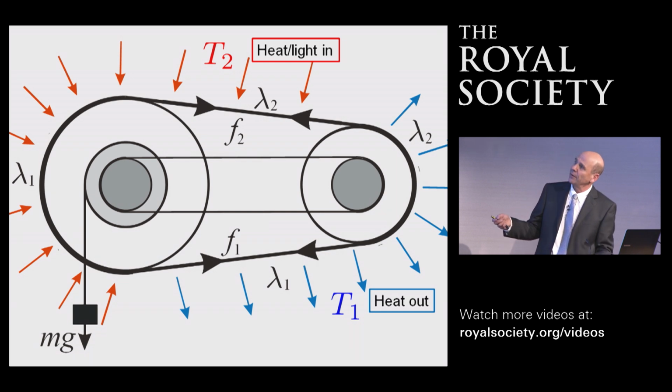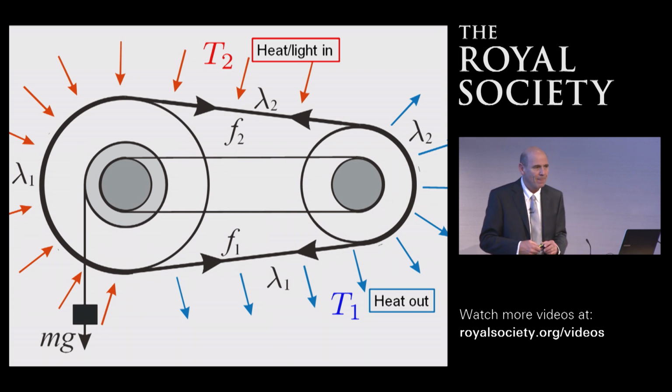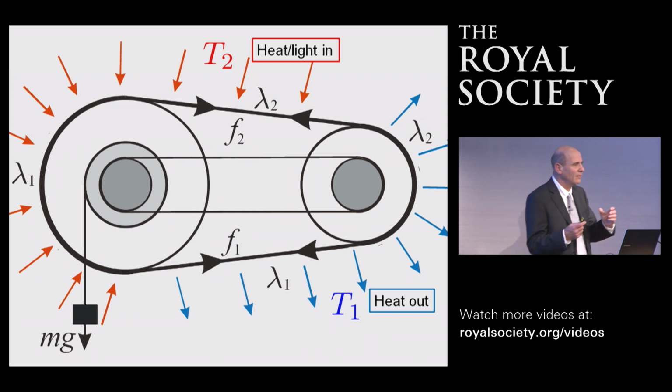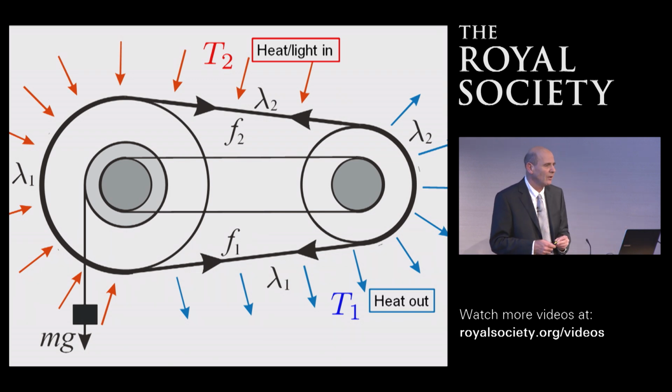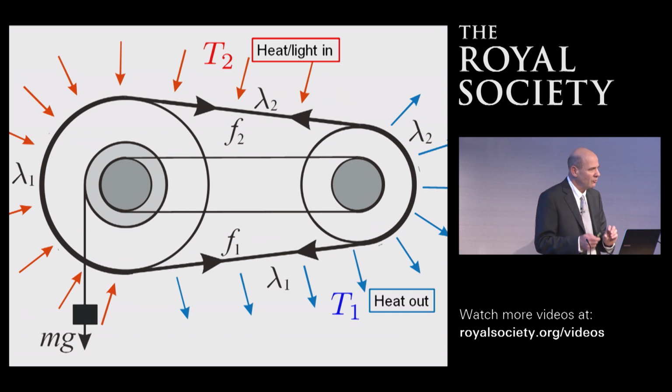And on the hot side, the force is high, and it naturally wants to contract. So we have more force on this side than this side, and this turns and lifts this weight. So it's an idea of trying to convert sunlight into mechanical energy. Now, I'm not sure that this will ever compete with solar cells, but it's interesting to try and see if we can harness energy in a new way using these new kind of mechanics.